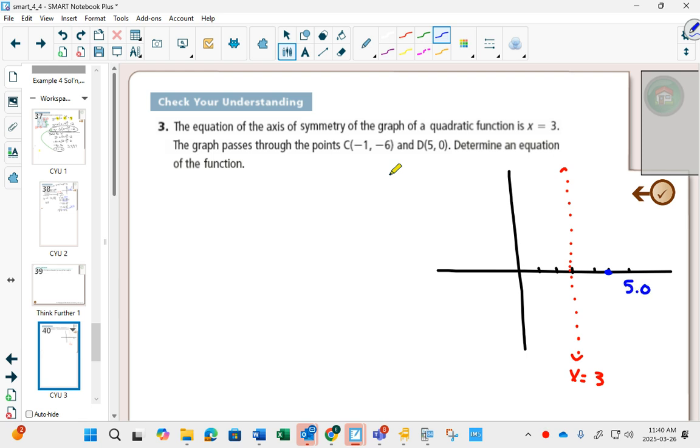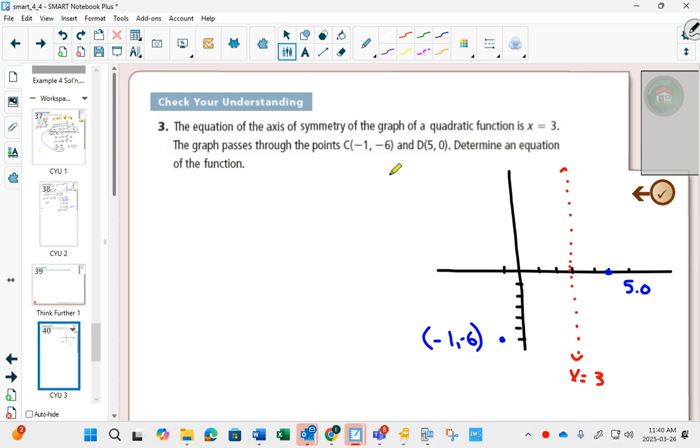And it also goes through the point (-1, -6), sorry, there we go. And there's some parabola that goes through those points, and I need to find its equation.